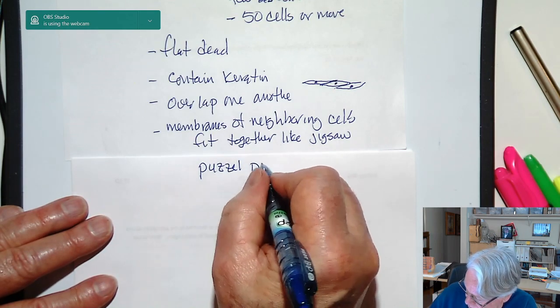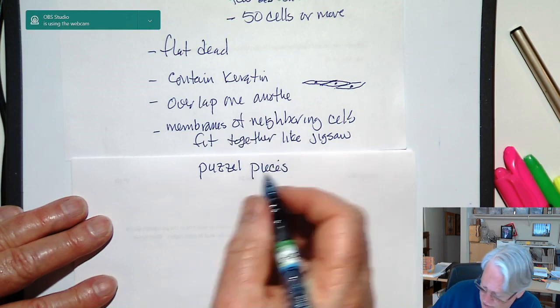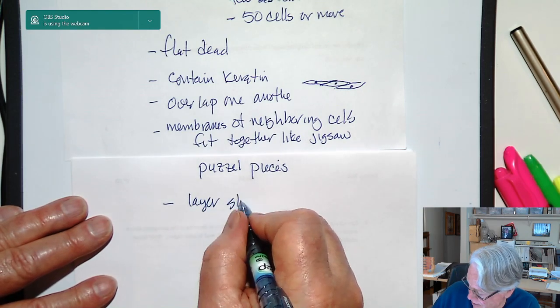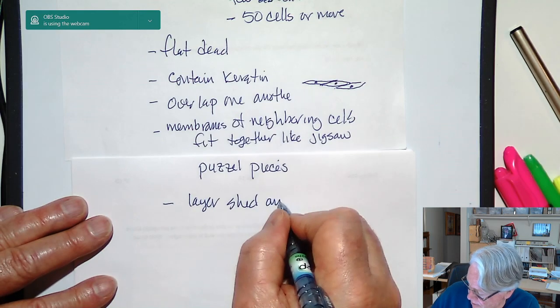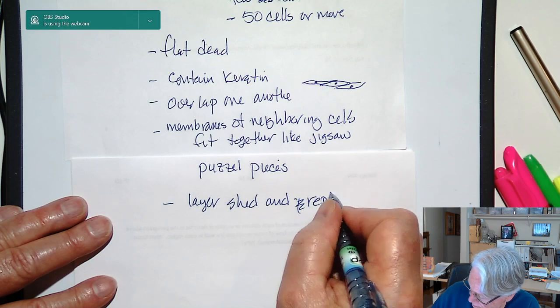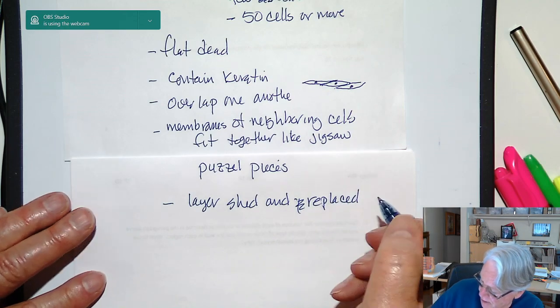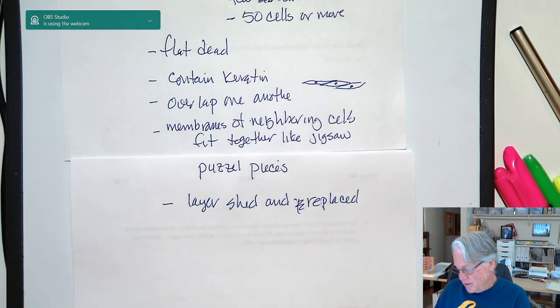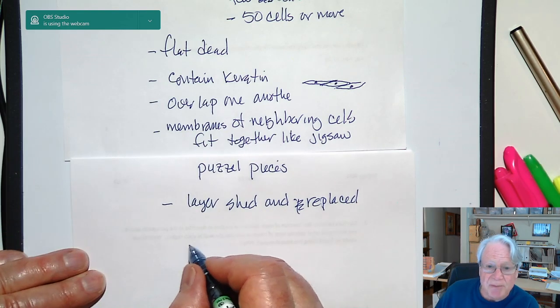This layer is shed and replaced constantly. So this idea of these neighboring cells, let me go ahead and see if I can get that drawn properly. I'm going to expand.